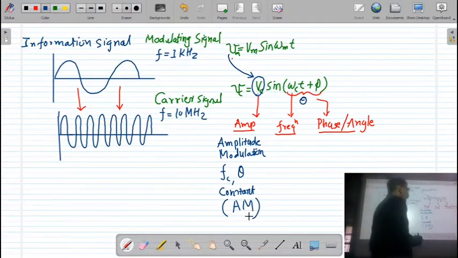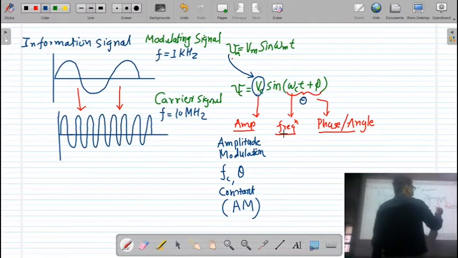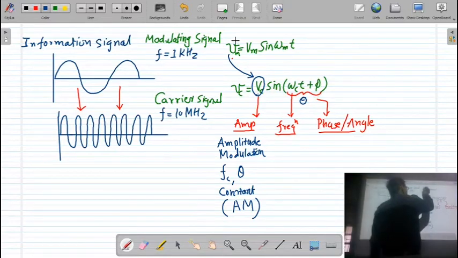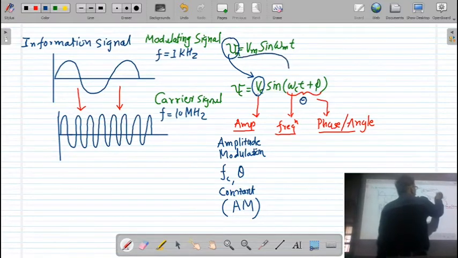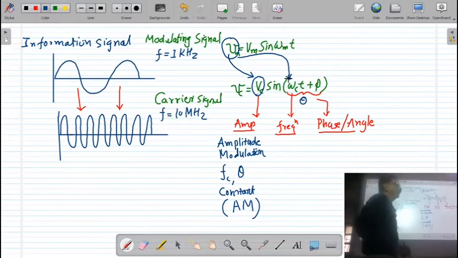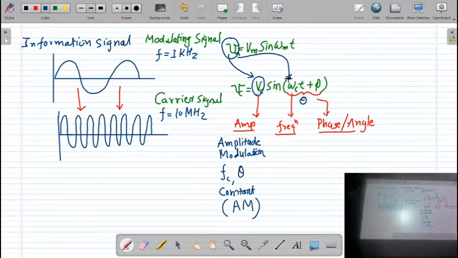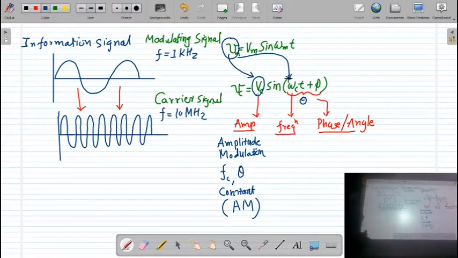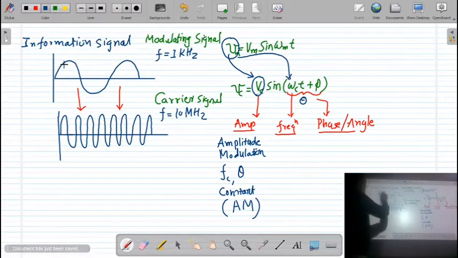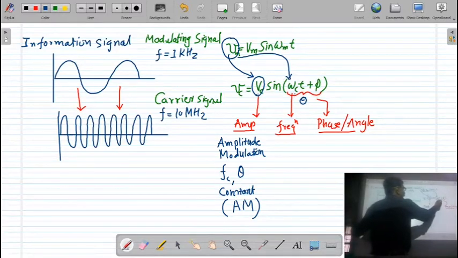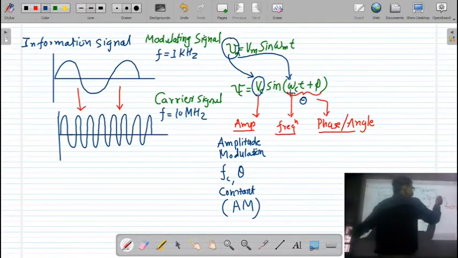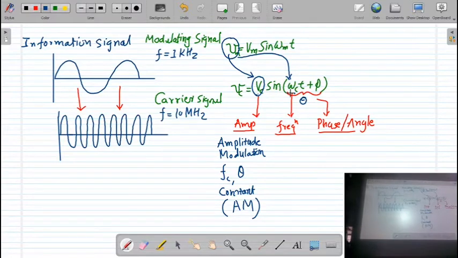Then another method for modulation is where we change the frequency of the carrier wave. As the instantaneous value of the modulating signal changes, it will change the frequency of the carrier wave. So the frequency will increase and the frequency is going to decrease. If the amplitude goes on increasing, the frequency of the carrier wave will increase. If the amplitude of the modulating signal goes on decreasing, then the frequency of the carrier wave also goes on decreasing.